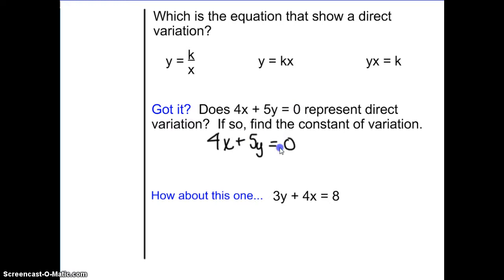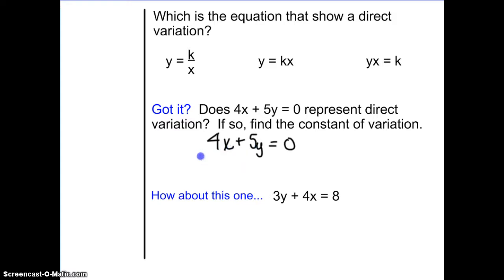I will tell you right now, because of this 0, yes it is. I'll show you why in a moment. What we've got to do, we've got to get the y over here by itself and the x over there. Well, looking right now, how is this 4x put onto there?